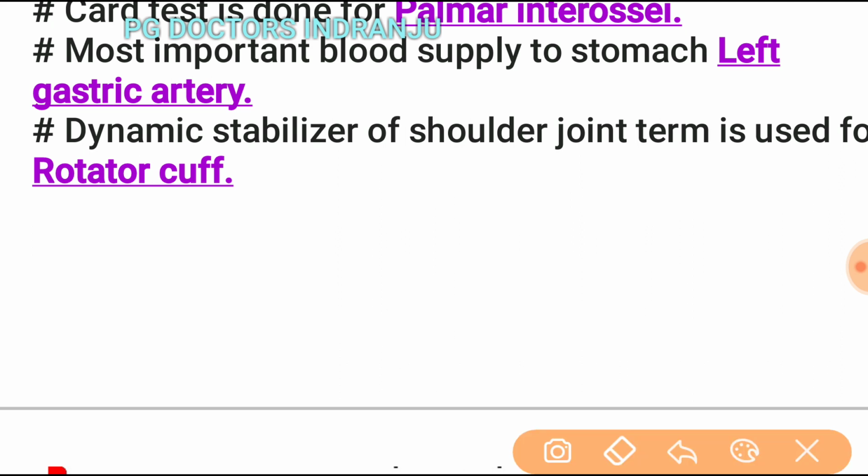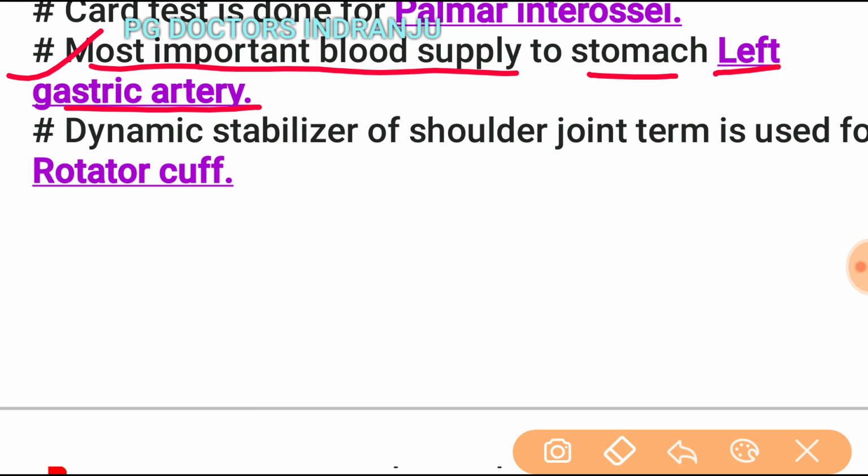Next one is the most important blood supply to the stomach. The important blood supply to the stomach is the left gastric artery.